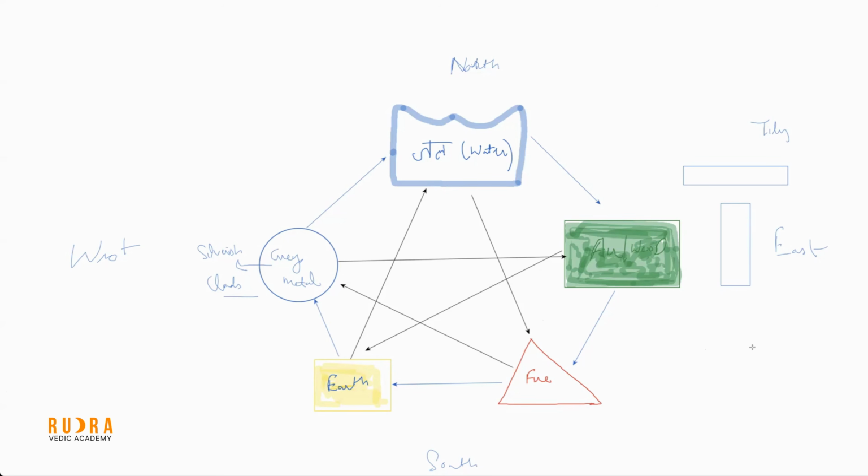Suppose you have here in the north, and what you got? You have red color in the north. You have orange color in the north.